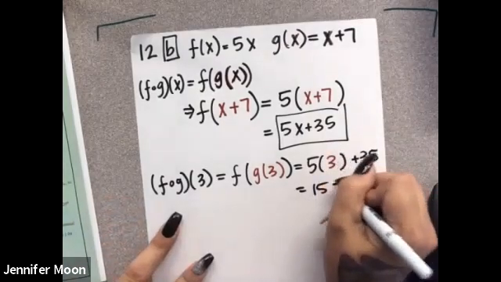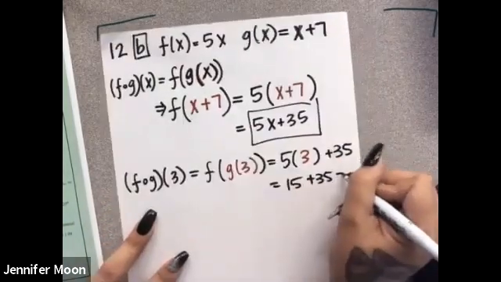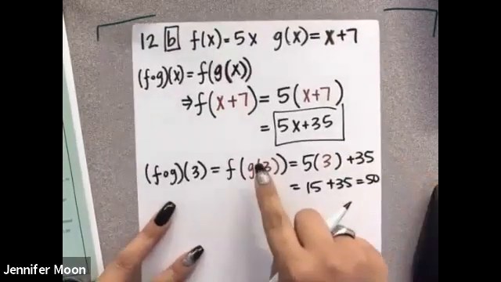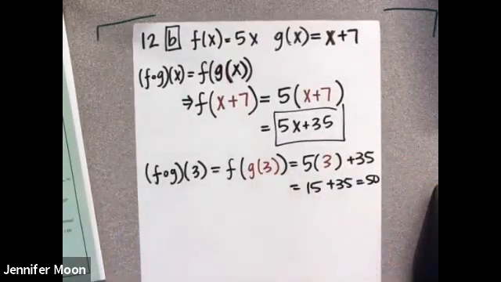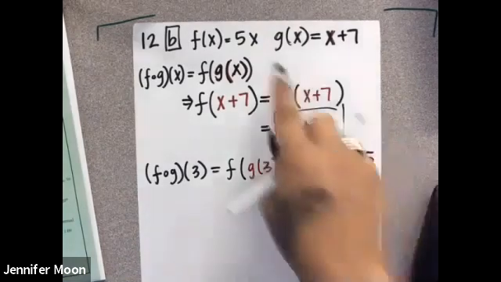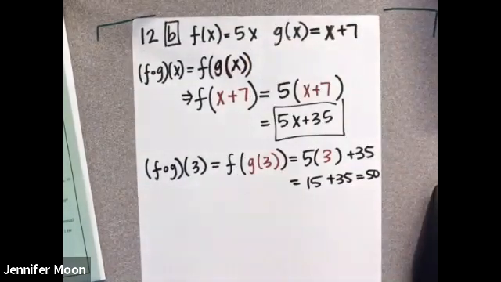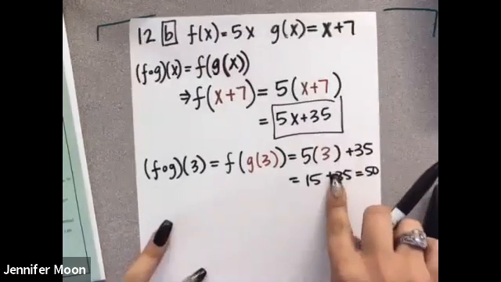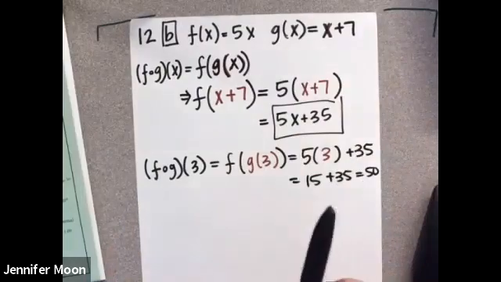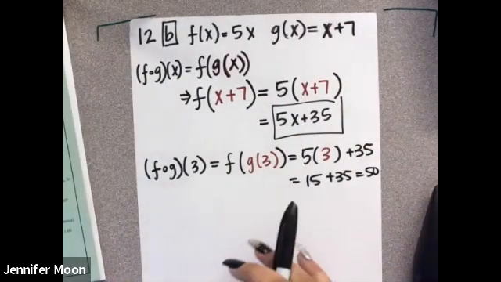If I did f of 3 plus 7, that's f of 10, plug in 10 here. Either way you go about it, you're still going to get the same answer. It just depends on which way makes more sense. The way I'm telling you you can do it is what we did in class. That's two different ways to solve those.